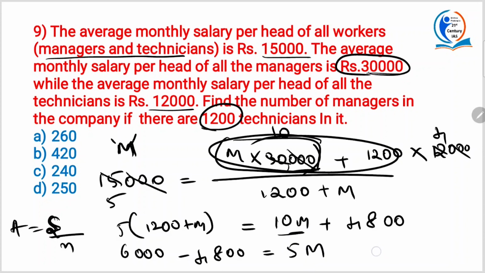Now 5M is equal to 1200, and M will be equal to 240. Therefore, the total number of managers is 240.